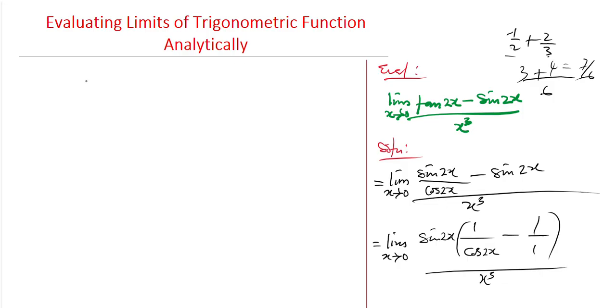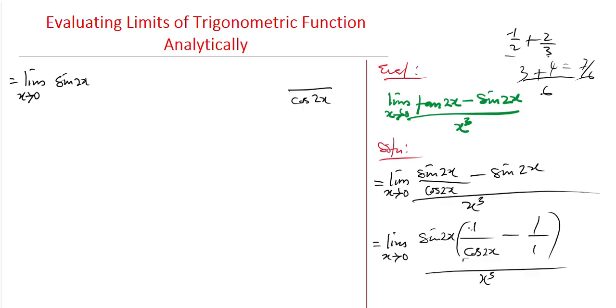Here, the common denominator, so we still have the limit as x approaches 0 of sine 2x. Alright, here the common denominator is cos 2x, right? We have cos 2x. Cos 2x divided by cos 2x will give us 1, right?